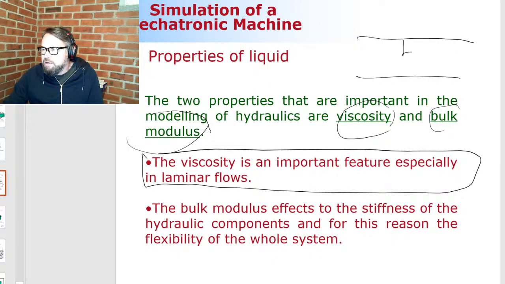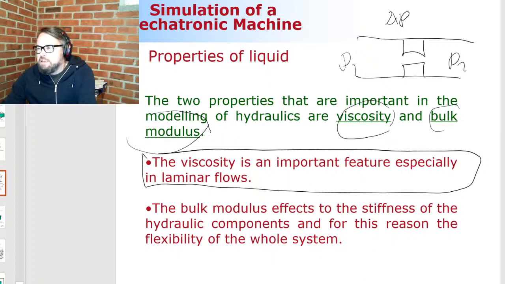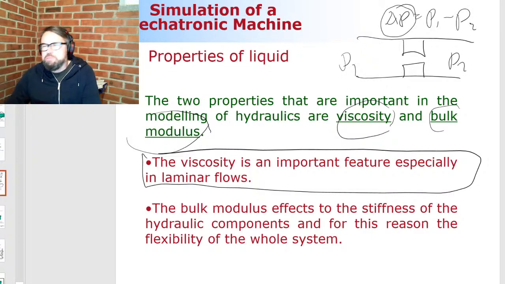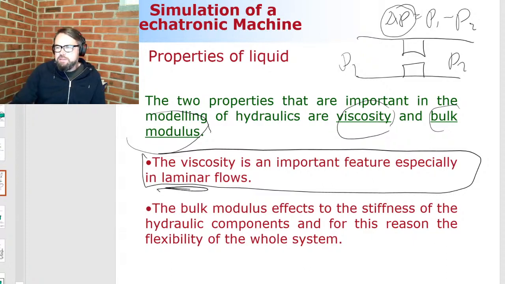So we have here a pipe, and inside of the pipe there is a throttle that is restricting the flow rate. And the pressure difference means how much is the pressure on this side and how much is the pressure on this side. And the delta P is the one that is described as a pressure difference. Now, when the pressure difference is small, and I'm saying small, that would be less than 5 bars, then it's possible that the flow has the laminar type.